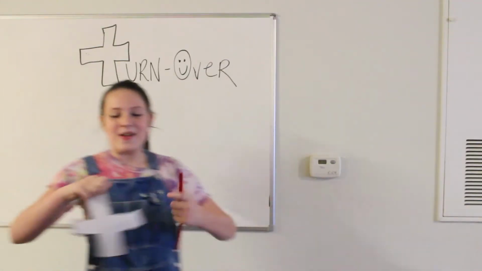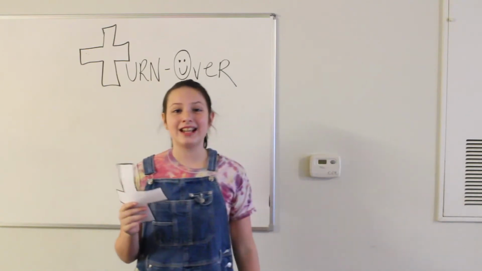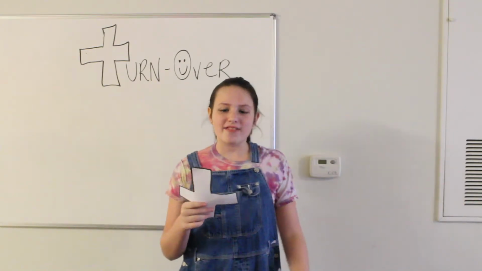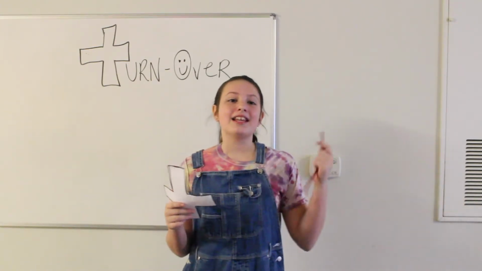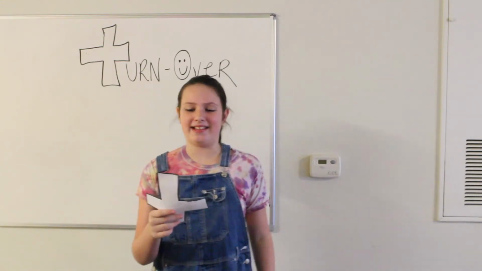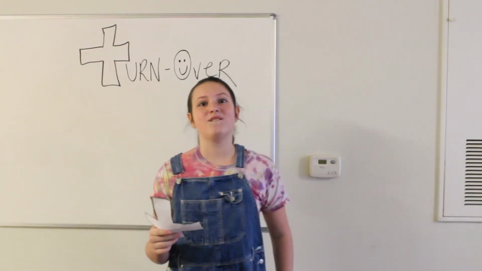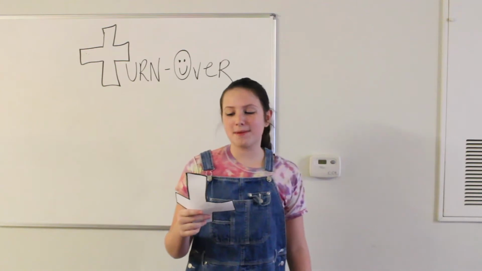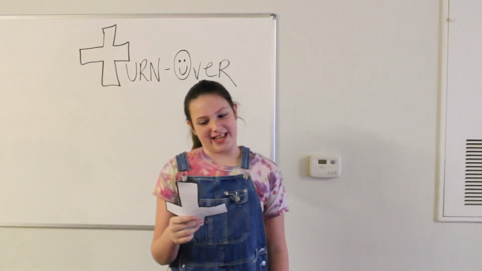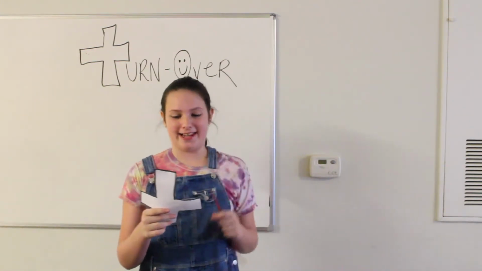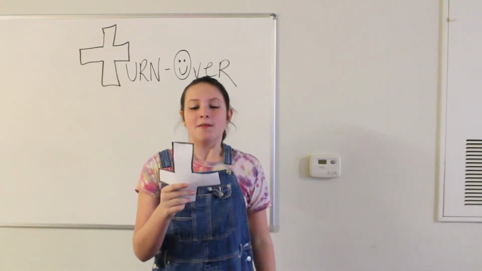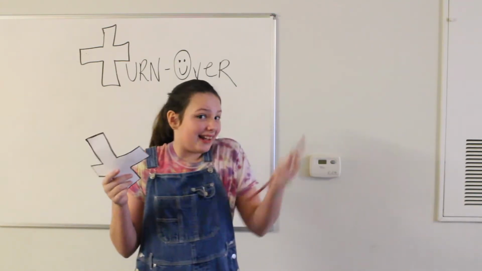Woohoo! Howdy, y'all. Have you heard about the turnovers? Oh, you haven't? Well, these make addition and multiplication easy. 2 plus 2, easy. 4. 6 plus 48, not so easy. But with this, it makes it easy. Boop, boop, boop, boop. 115.